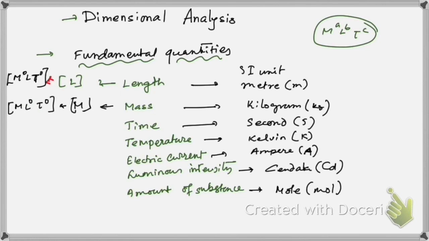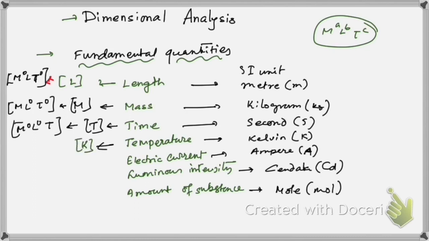For time, it is T, and we write the dimensional formula within square brackets. It can be written as M to the power 0, L to the power 0, T to the power 1, that means simply T. Similarly for temperature: in both cases, time and temperature, the first letter is T, that's why here instead of T we are going to use capital K, right?